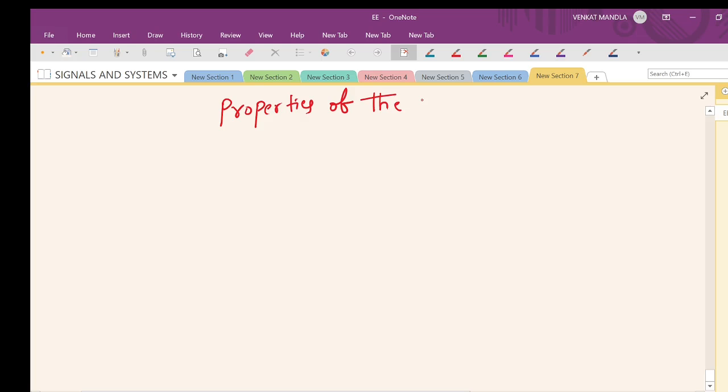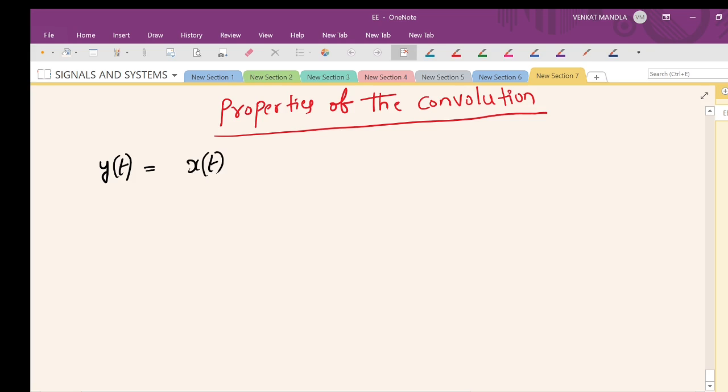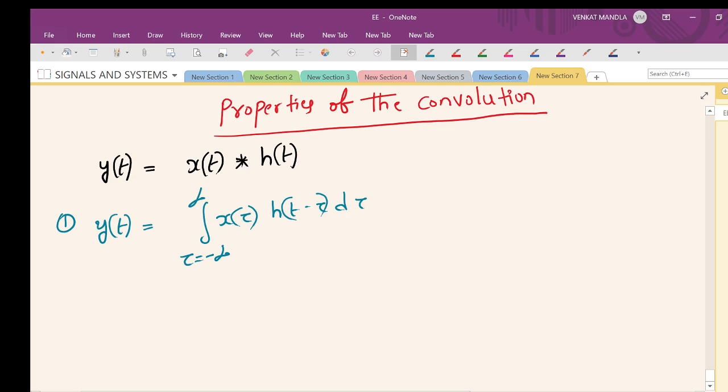Properties of the convolution. Let's say y of t equals x of t convolution with h of t. Now the first property: y of t equals the integral from tau equals minus infinity to plus infinity of x of tau h of t minus tau d tau.